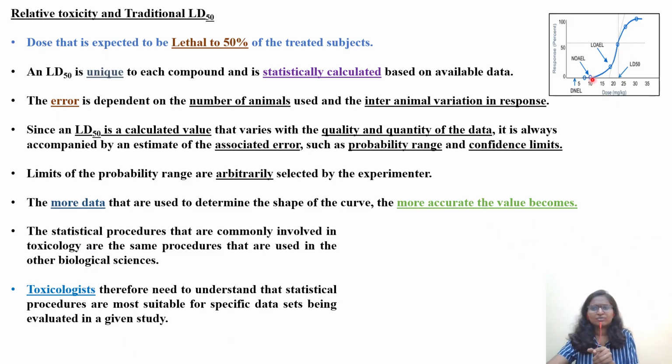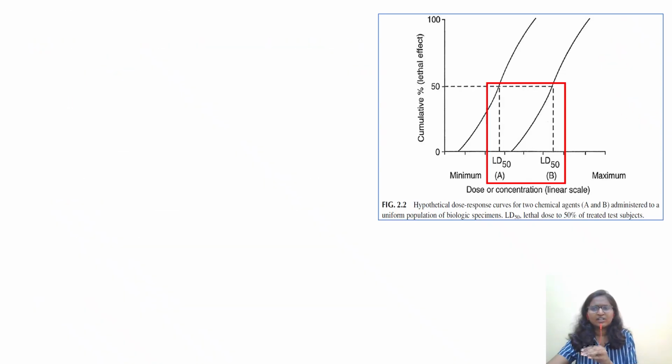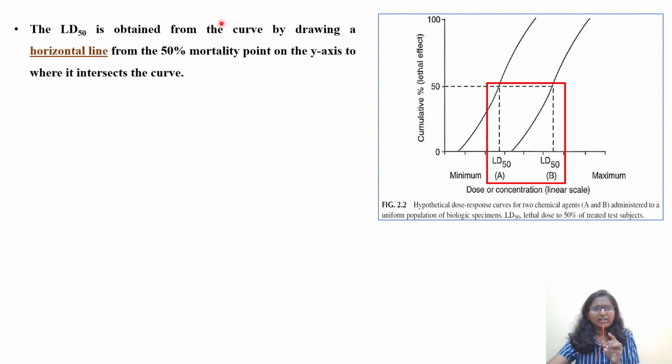You can see NOEL, LOEL and also LD50. Let's see in the next slides how this LD50 is related to one dose response curve. LD50 is obtained from the curve by drawing a horizontal line from the 50% mortality point on the y-axis to where it intersects the curve. On the y-axis you will have response, on the x-axis you will have dose.